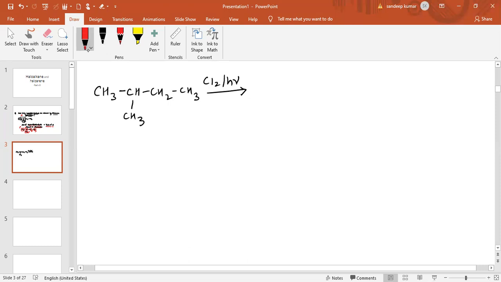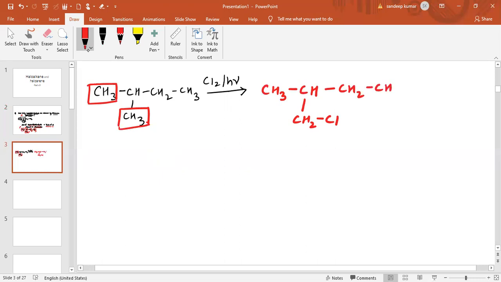First I am using this one hydrogen, either this one or this one, both are same. So the first product formed is CH3, CH, and when one hydrogen is replaced by chlorine, this is CH2Cl, and the rest will remain the same, CH2, CH3.